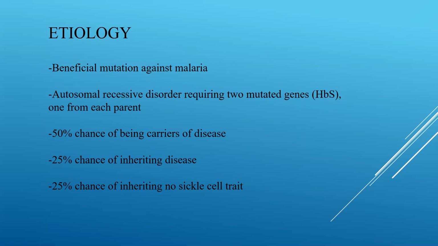Etiology. Sickle cell disease is actually a beneficial mutation against malaria. It is an autosomal recessive disorder requiring 2 mutated genes, 1 from each parent. There is a 50% chance of being a carrier, 25% chance of inheriting the disease, and 25% chance of inheriting no sickle cell trait.